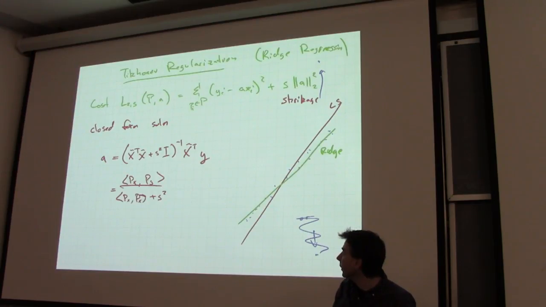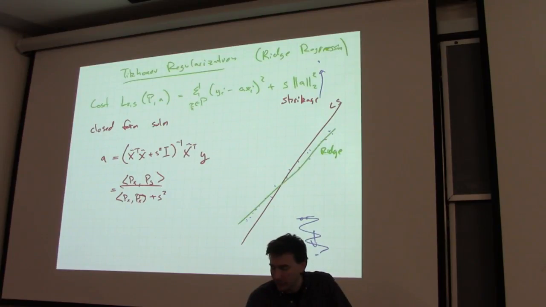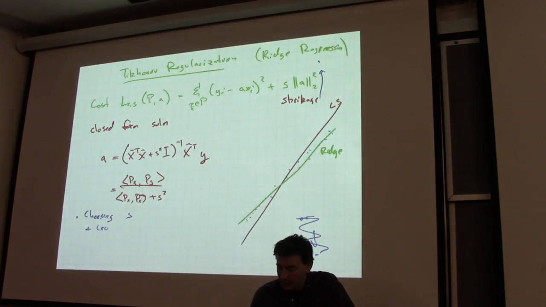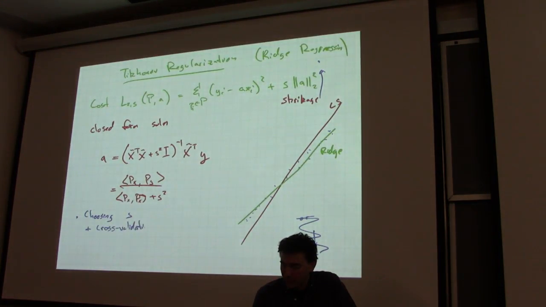Yeah. Okay, so there's a question of how do you choose S? Well, I'll say two things about choosing S. One is we're going to eventually do it with cross-validation, which we'll talk about later in the semester.